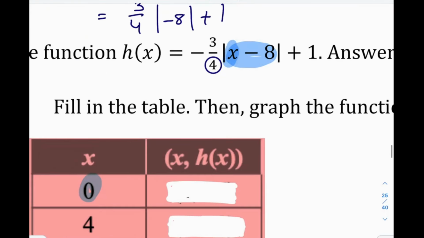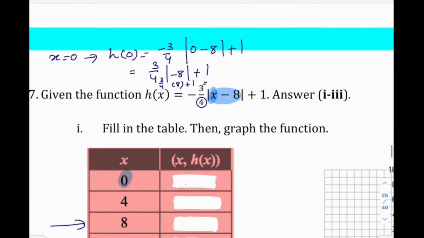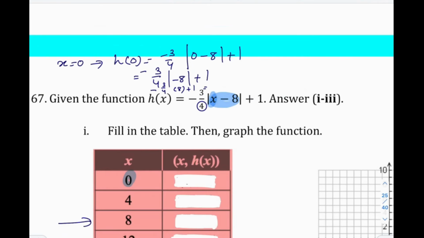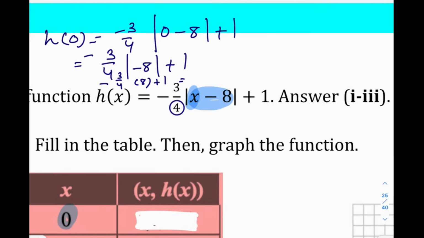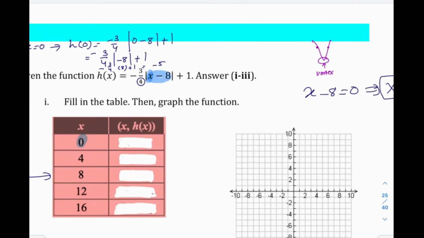What is the absolute value of negative 8? It's just 8. 3 over 4 times 8 is negative 6, plus 1, it will be negative 5. And that will be, y is negative 5. That means the point will be input 0, output negative 5.